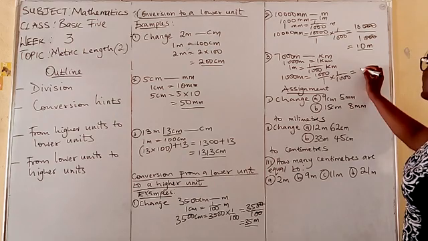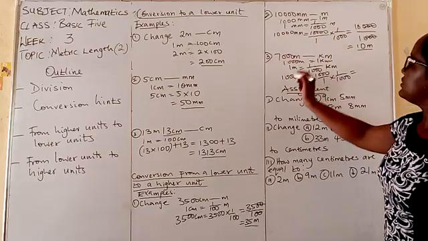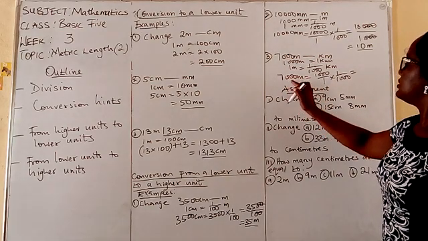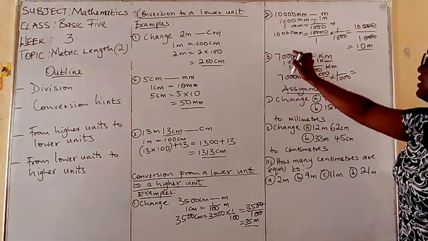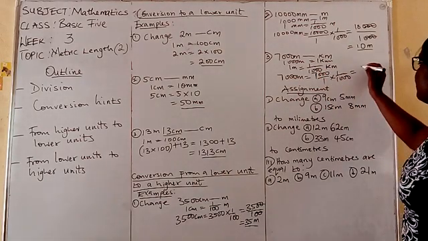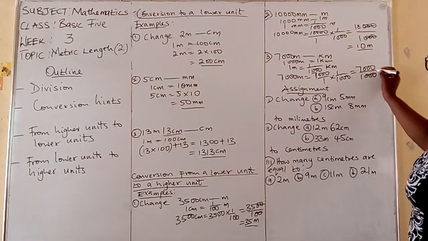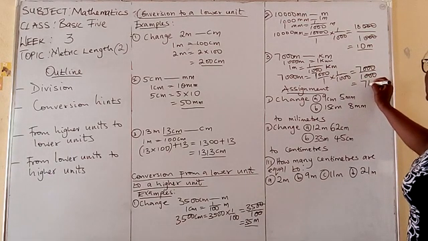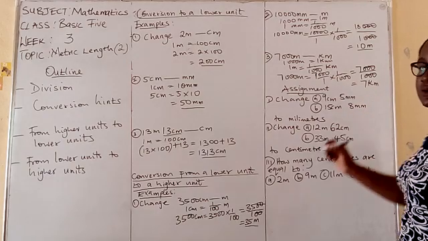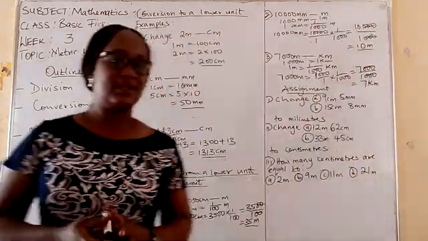Okay, and that is giving you, okay, no, we have what? 7,000 meter. Okay, 7,000, right? 7,000, that is what we are converting, and that is what we have here. So this will be giving us 7,000 over 1,000. Okay, and that is simply 7 kilometer.